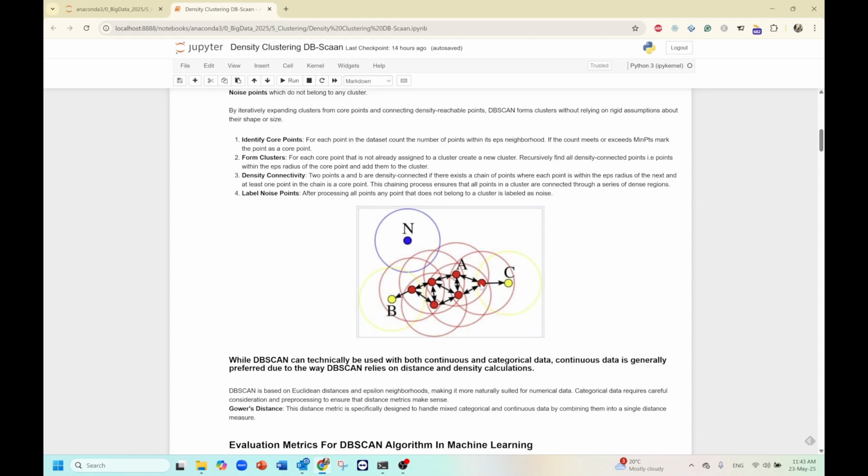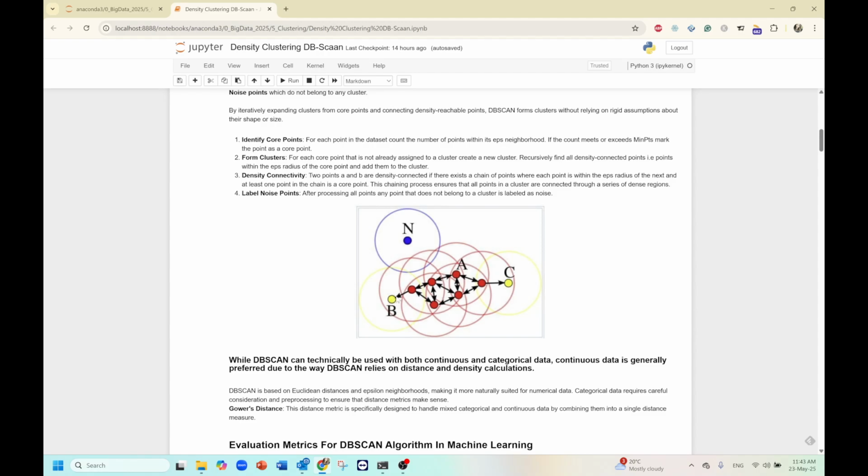However, this red point satisfies it: 1, 2, and 3. Do you see that? But for the yellow point, when we drew this radius, or over here, there was only 1 point, and the minimum number of points in this algorithm and illustration is 2 points. So it did not satisfy that, and therefore it is a border point.